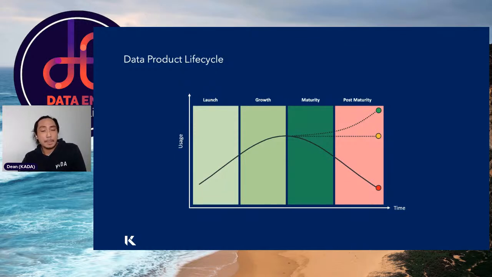And why does this happen? Because the way we design data products needs to match the rate at which the product is expected to go through the life cycle. Don't spend a lot of time engineering a very complex solution when the product is expected to only have a lifespan of a few days.